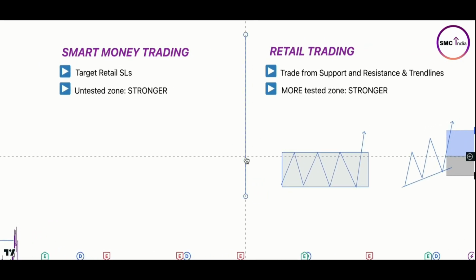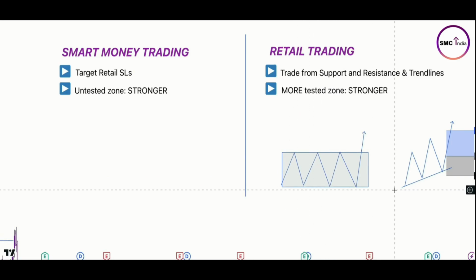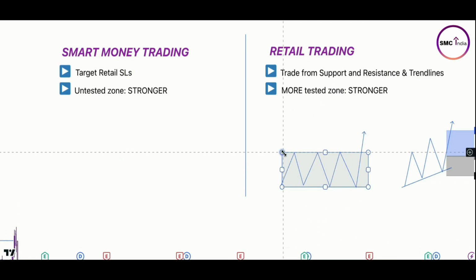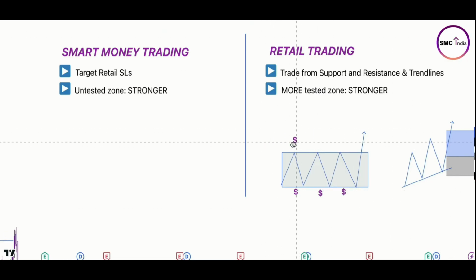From a retail trading point of view, when you see these zones, you understand that retail traders put their stop losses just below this level of support, and just above this level of resistance there is a huge amount of money. So you could understand that there is a huge amount of money placed above and below it.